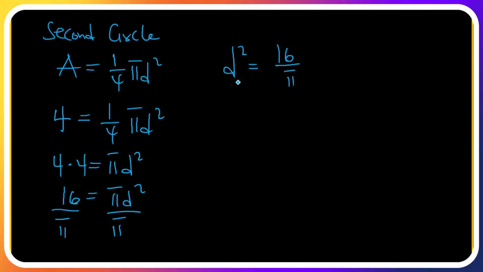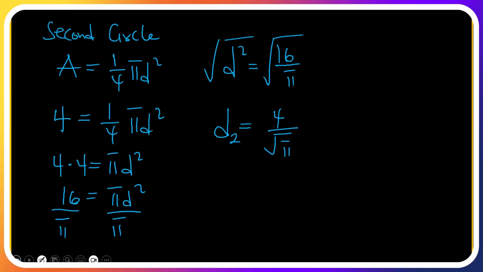We take the square root on both sides, and d gives us 4 on square root of pi. So this is our diameter for the second circle.